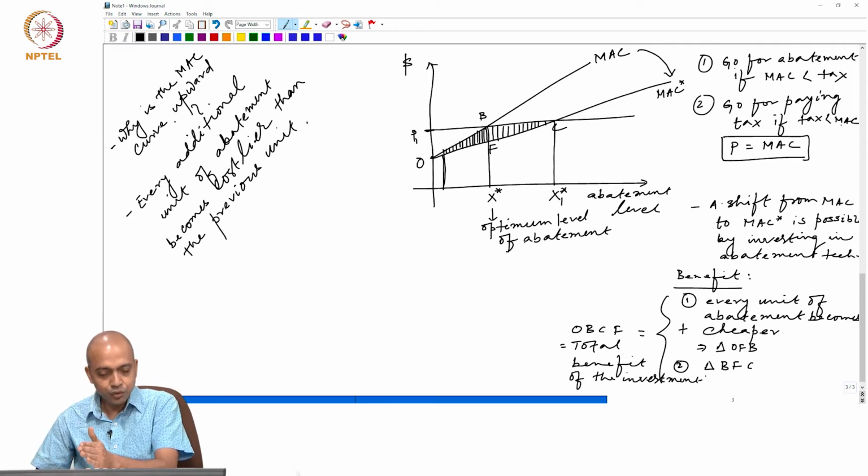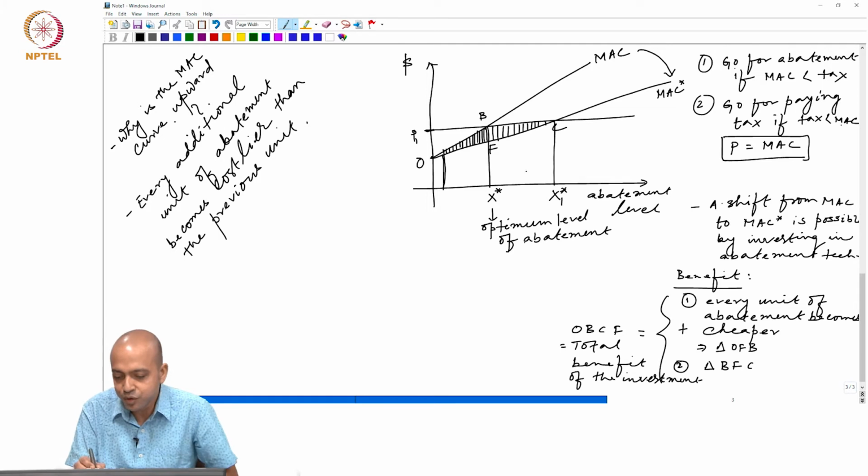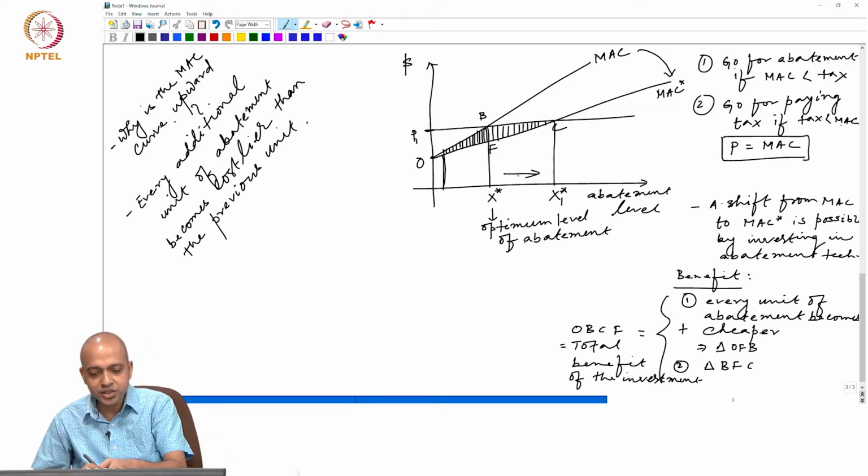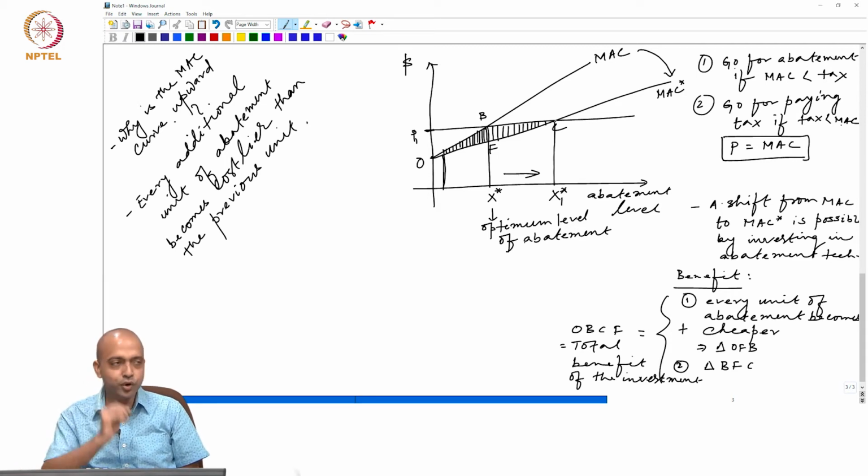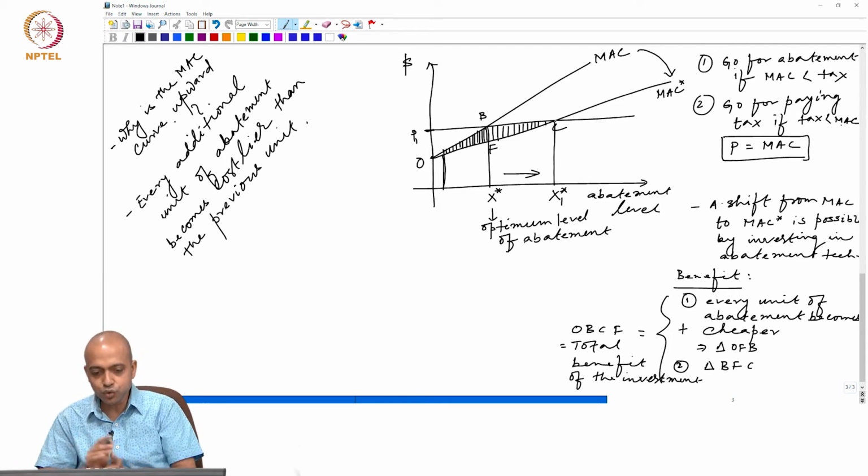Secondly, when it is cheaper, given the tax rate P1, the firm can go for a higher level of pollution abatement. Initially, they were abating up to X star, now they will go from X star to X1 star, because the condition tax equals MAC happens only at point C. So, this is the total benefit.